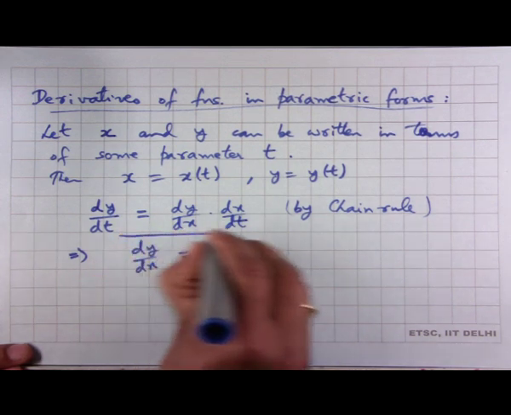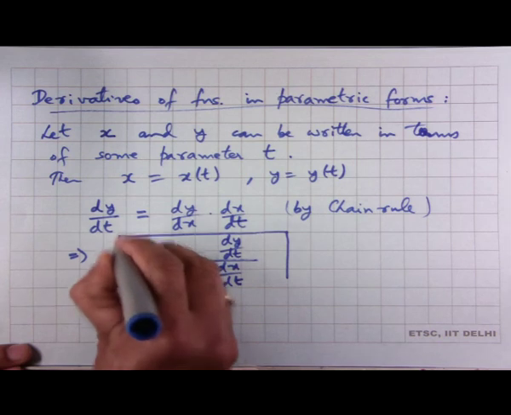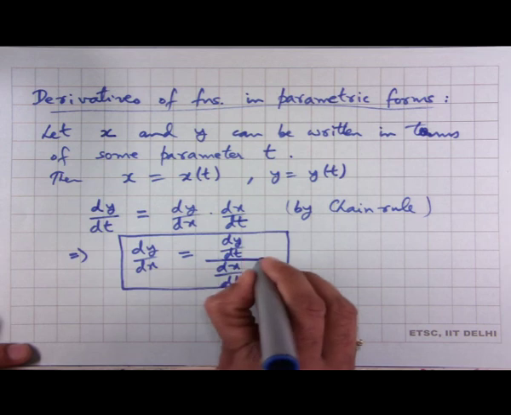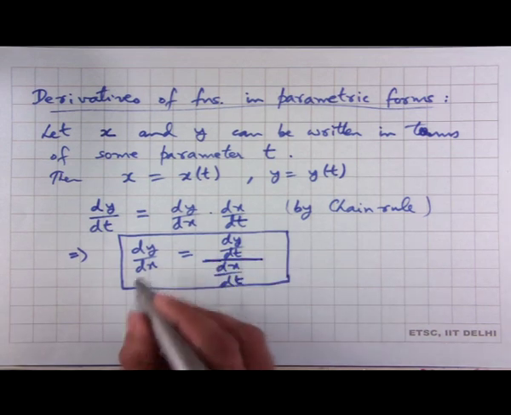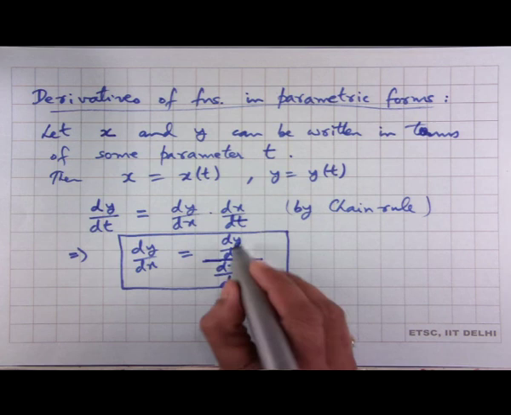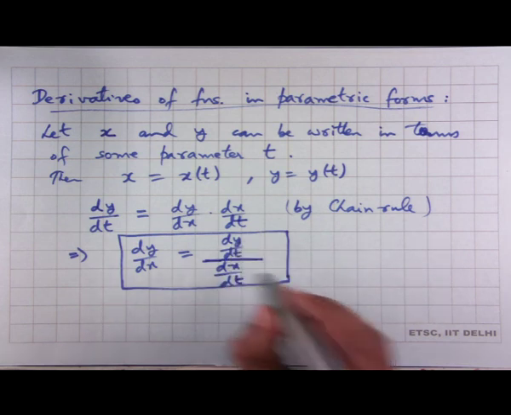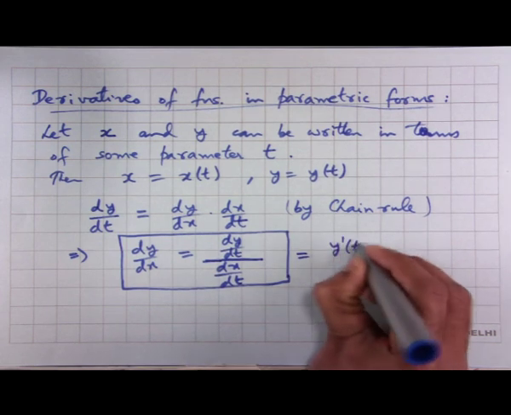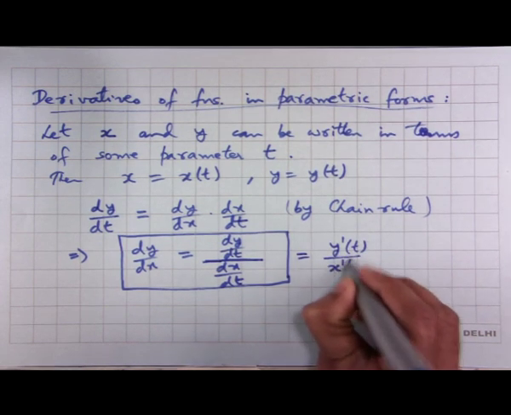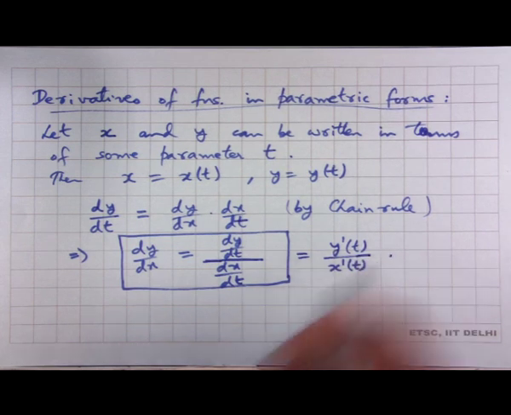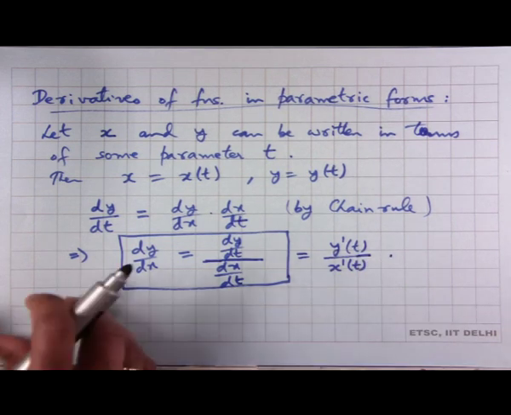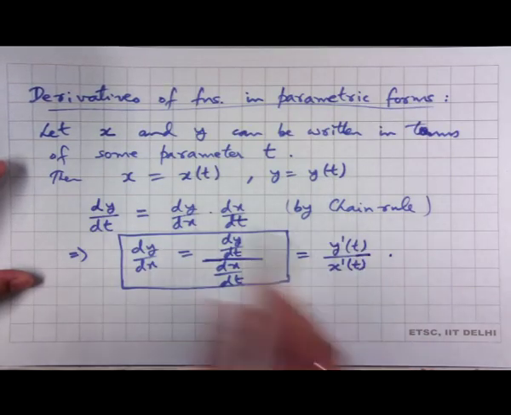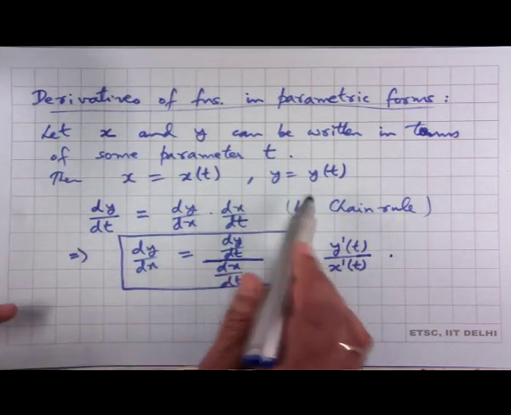So, this is the formula: dy/dx is equal to dy/dt divided by dx/dt, or I can also write this as y prime of t by x prime of t. So, you can calculate the derivative by finding the derivatives with respect to t rather than trying to solve for y as a function of x.